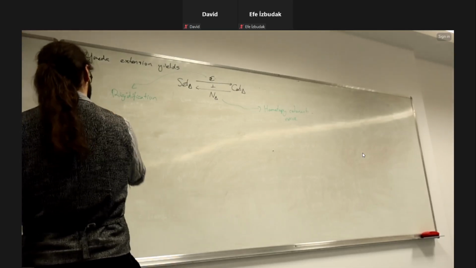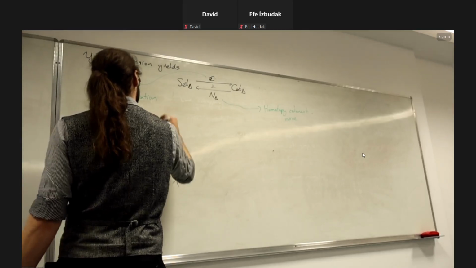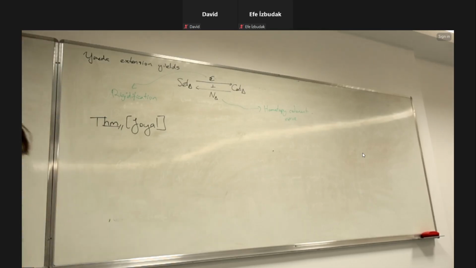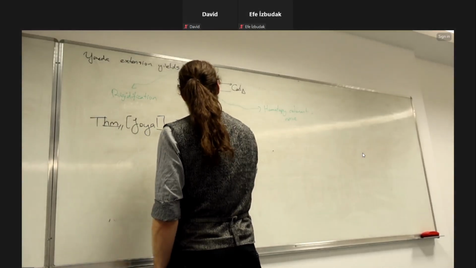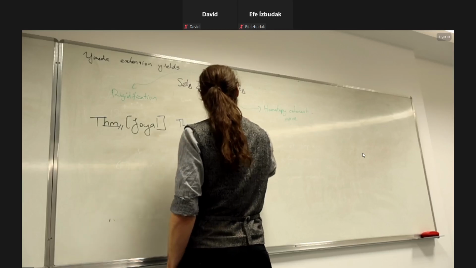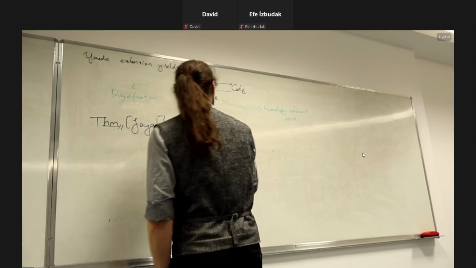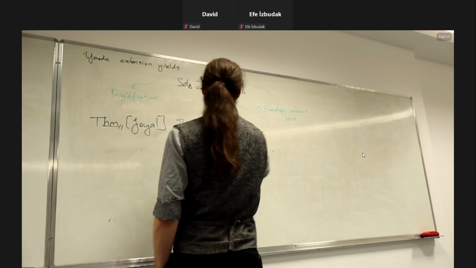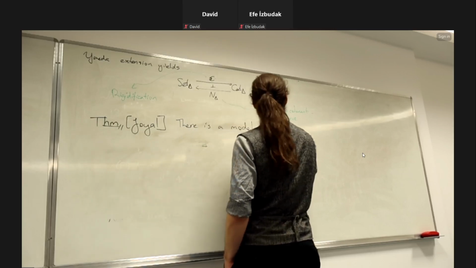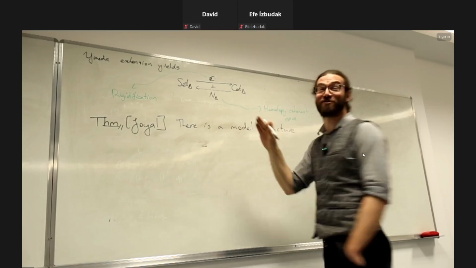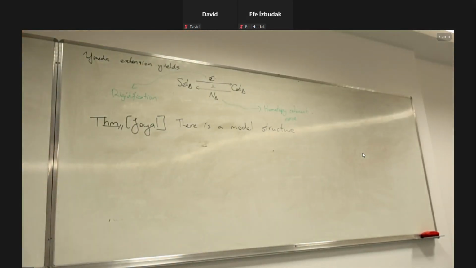Okay, so theorem, Joyal, thanks. The adjunction, whoops, no. There is a model structure. I really just want to say that adjunction is an equivalence and be done with it, apparently. I keep on skipping fairly important steps.